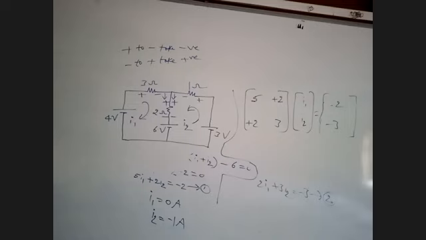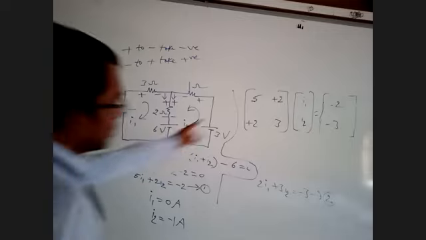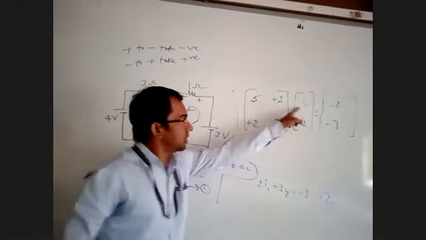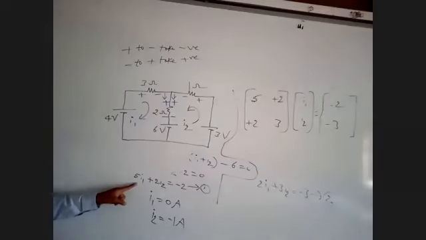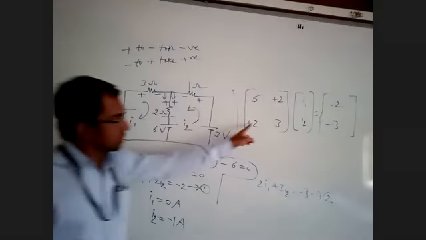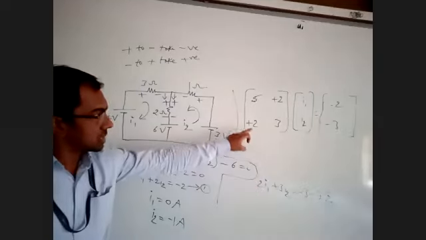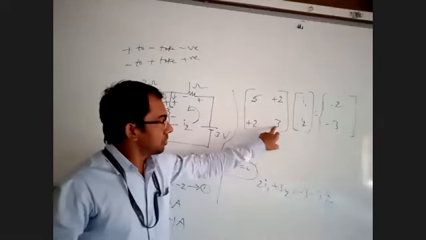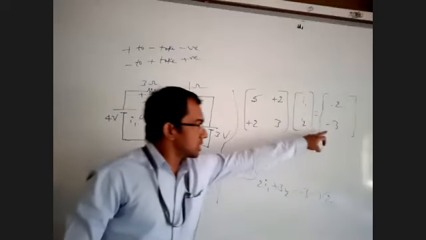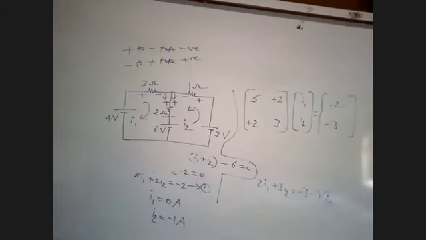Now compare with the loop equations, multiplying the matrix row by column. 5 into I1 plus 2 I2 is equal to minus 2. Second equation is 2 into I1 plus 3 into I2 that is equal to minus 3.